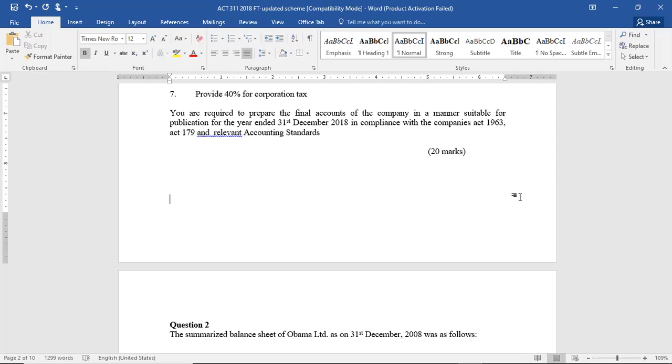When you less your administrative expenses, how much are you getting? $19,250. Fantastic. And that 19,250 is called operating profits. So if you less administrative, selling and distribution expenses from gross profit, you get operating profits. Take note.